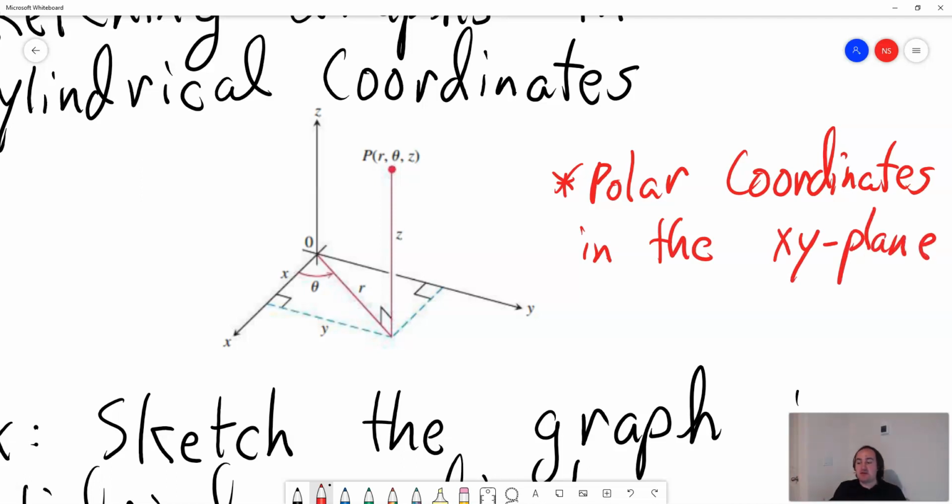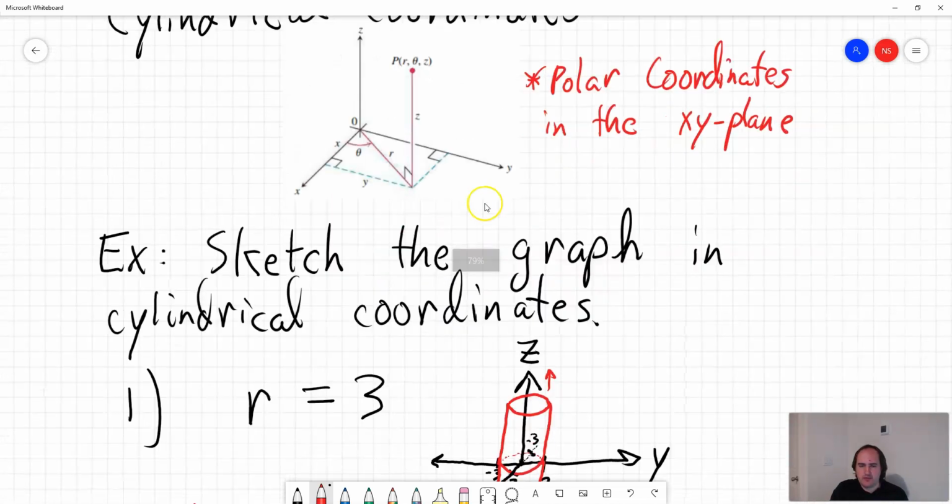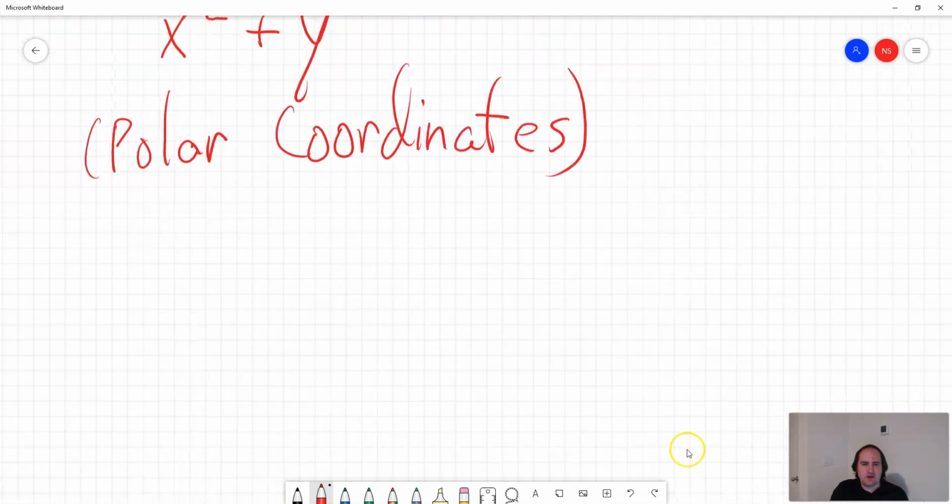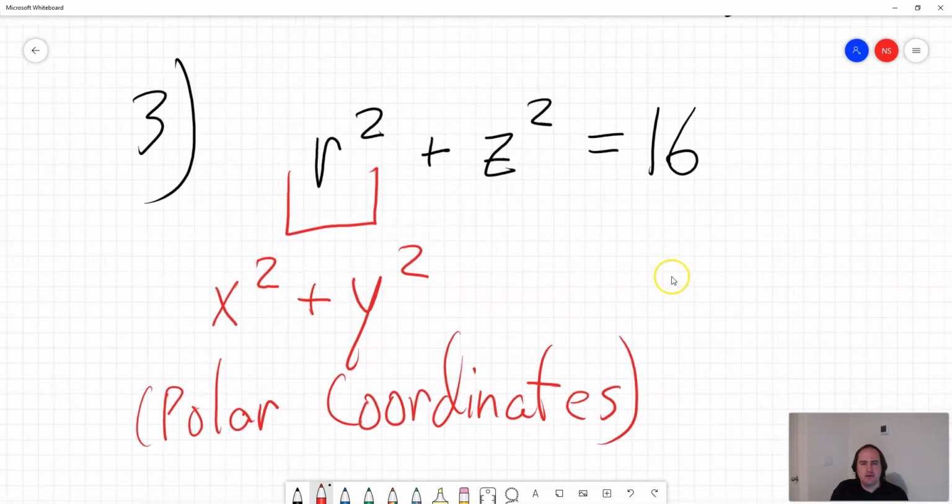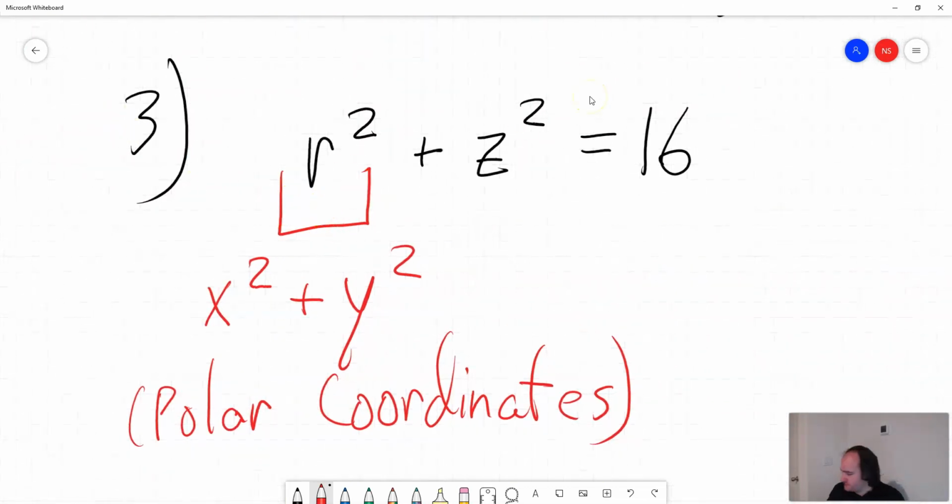Because instead of having it in the form x comma y, we have it in the form r comma theta. So again, theta is the angle measured from the positive x-axis, and then r is the radius of a circle. So that's why we know, hopefully we remember from another class, that x squared plus y squared equals r squared.